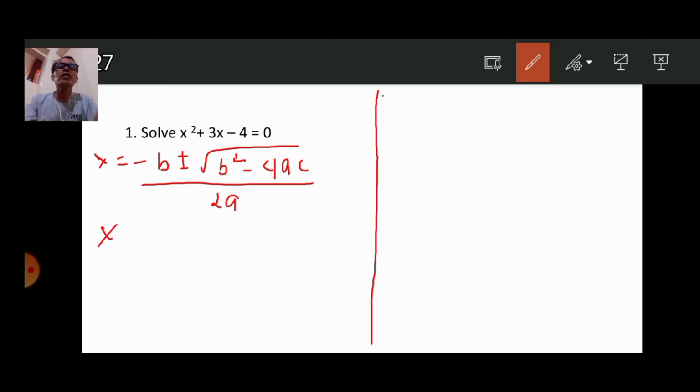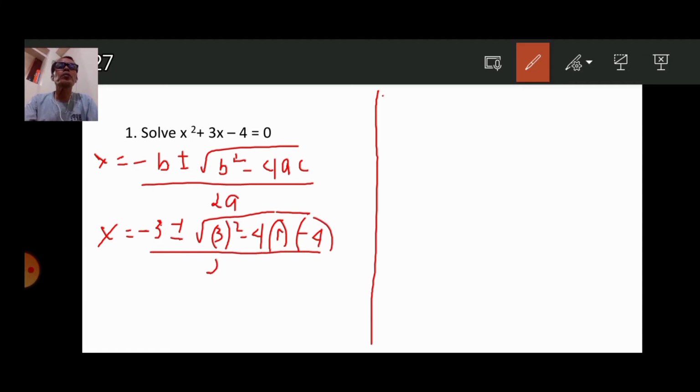So x is equal to negative b, which is 3, plus minus the square root of b, which is 3, quantity squared, minus 4 times a, which is 1, and c, which is negative 4, all over 2 times a, which is 1.